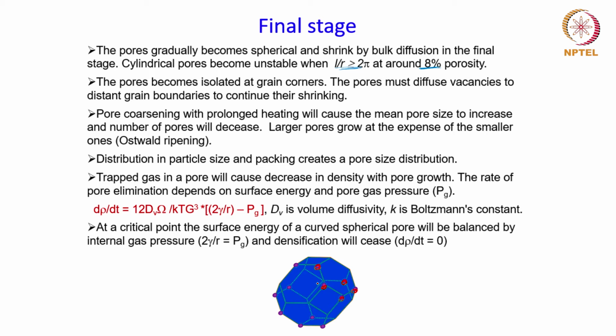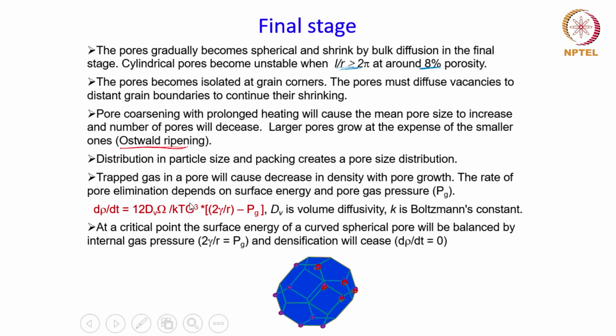Now pore coarsening can also take place on prolonged heating, and this will cause the mean pore size to increase and the number of pores to decrease. Okay, so here the larger pores will grow at the expense of the smaller ones, a phenomenon known as Ostwald ripening, which is basically a result of the differences in the pore curvature.